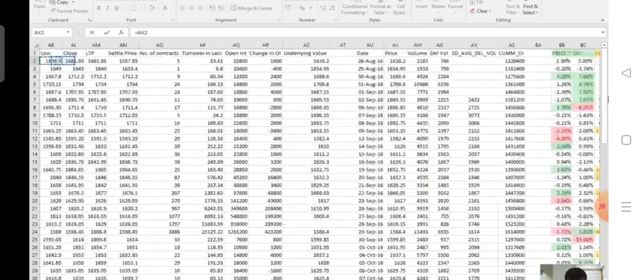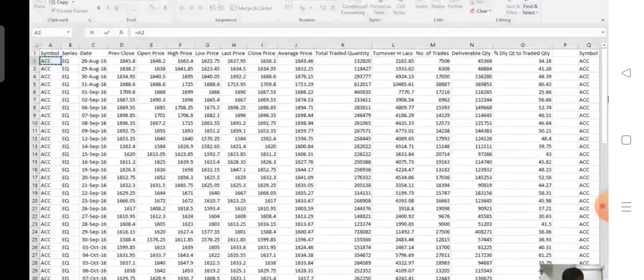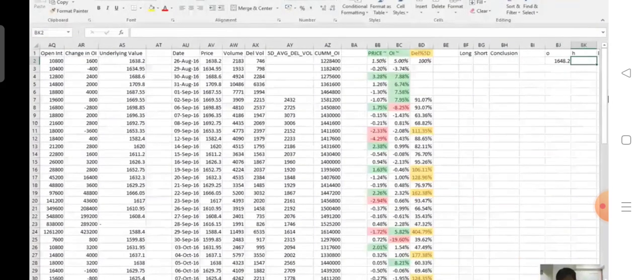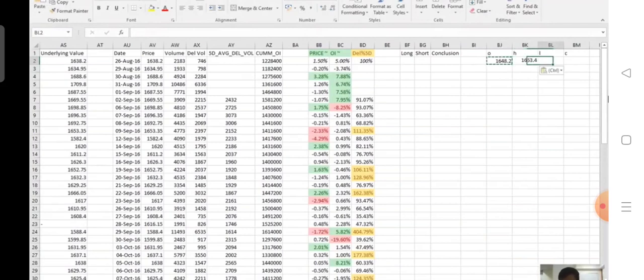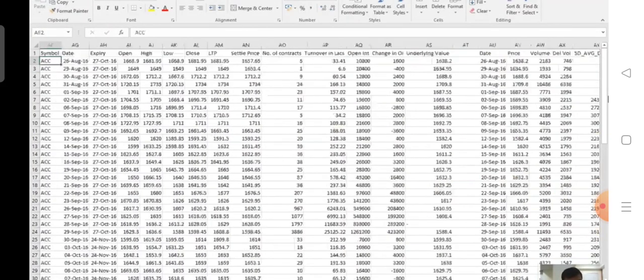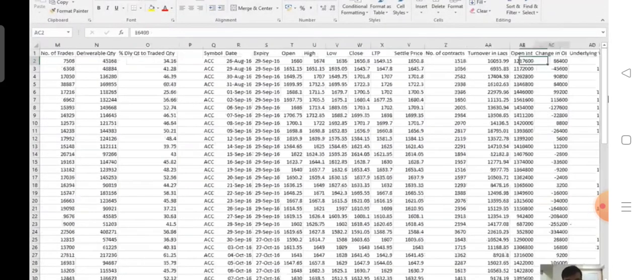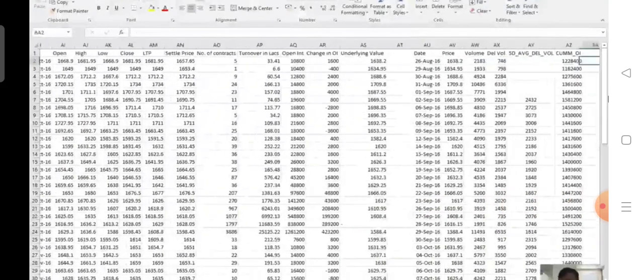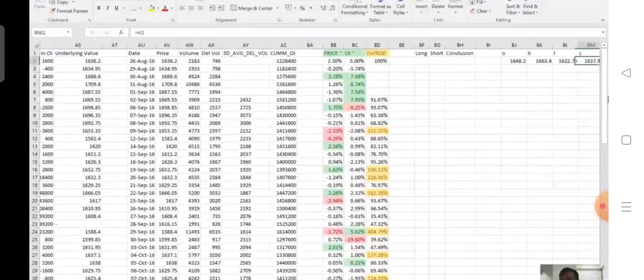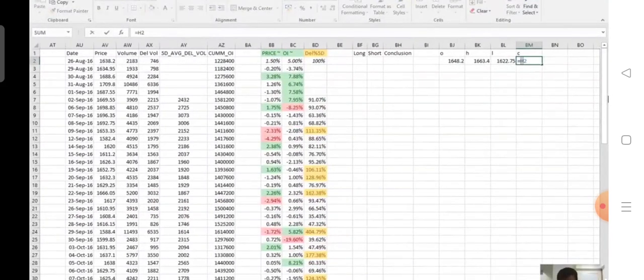So open price, high price, low price, and close. Close is H2. Let me see what is H2. H2 is close price, which is the last traded price. Or we can avoid H2 and we can take I2, which is the close price.